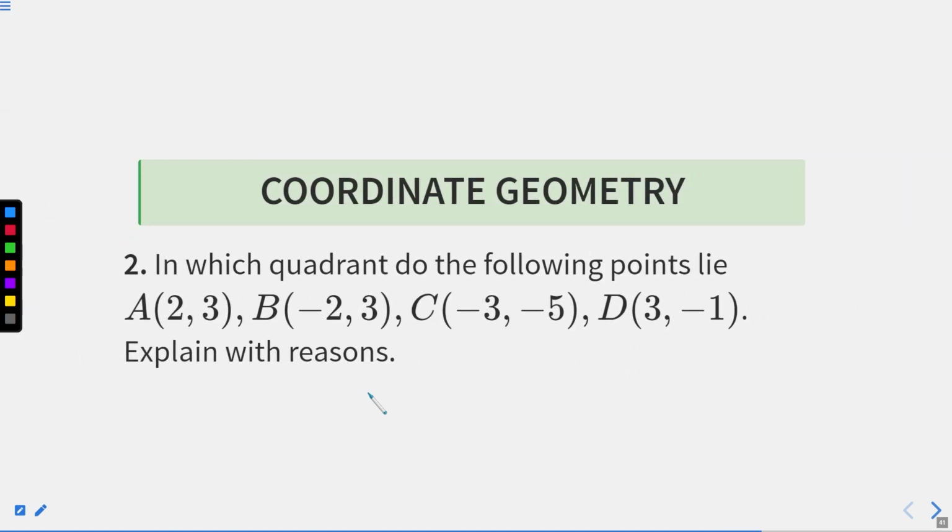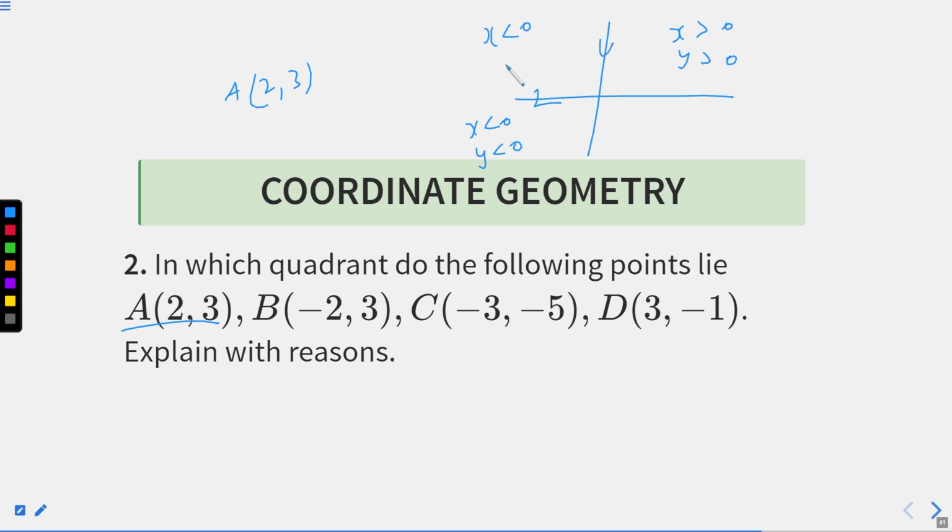Okay, in which quadrant do the following points lie? First we easily see A: x and y are both positive. If we recall, here x, y are both positive, and here both are negative, the opposite. Now x is on the left side, meaning negative, and y is on the upside, meaning y is positive.